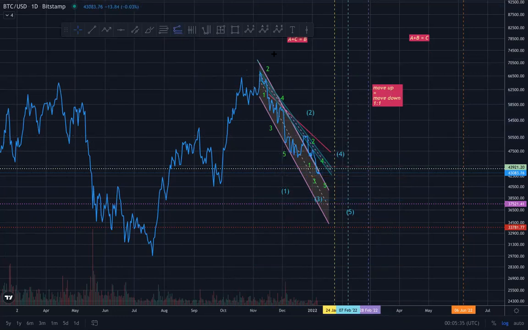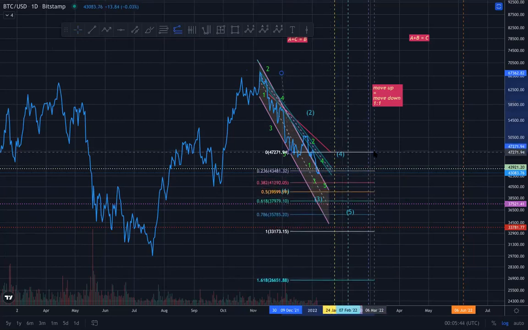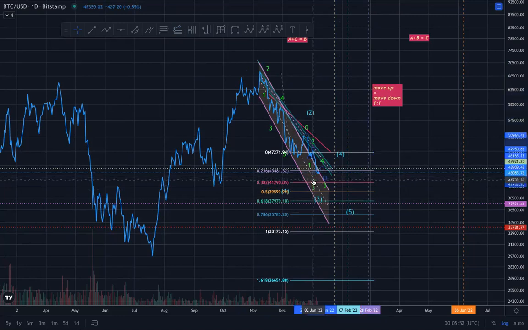extension here and use, instead, we take the 1 wave and measure it externally, then the 61.8 is around 38,000. Okay, and that actually is starting to make more sense. So I can give it to that. So we can make a zone though. We can do the internal and the external relationship.